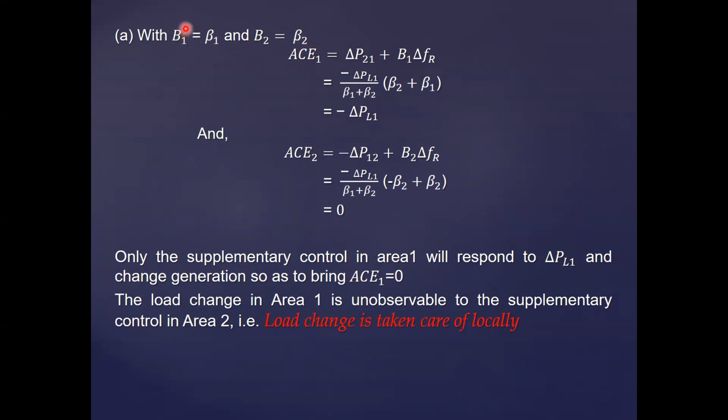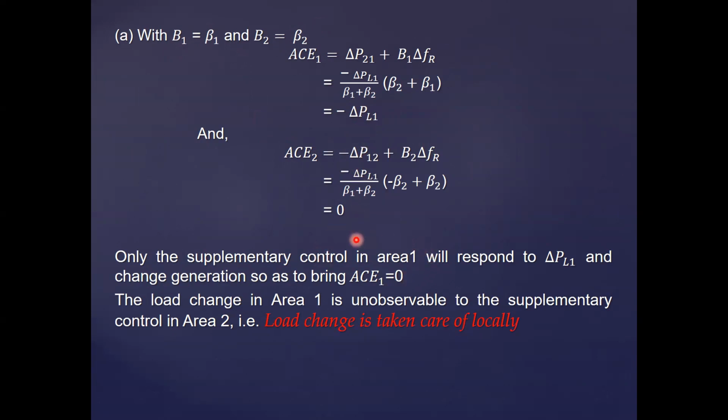So if the frequency bias factors B1 and B2 are here beta 1 and beta 2, the composite frequency response characteristic, that is 1 by R1 plus D1 here, right? So if the bias factor is equal to the composite frequency response characteristic, then we get these two, right?